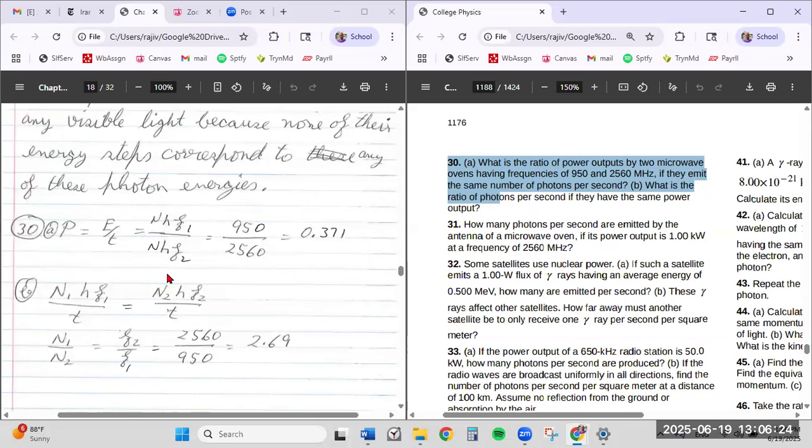Power, you will recall from first semester physics, is the rate at which energy is absorbed. So P is E over T. We're talking about photons here, so the energy of each photon is Planck's constant times frequency, and if you have n photons, then n times hf1.